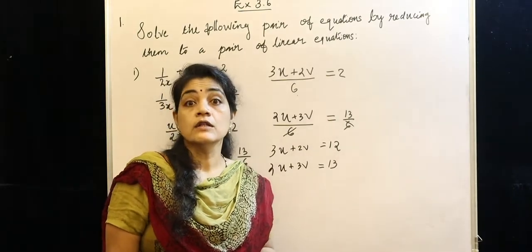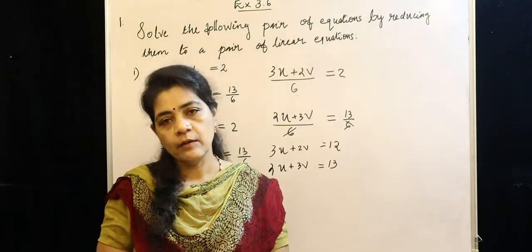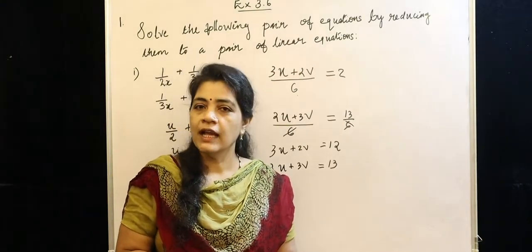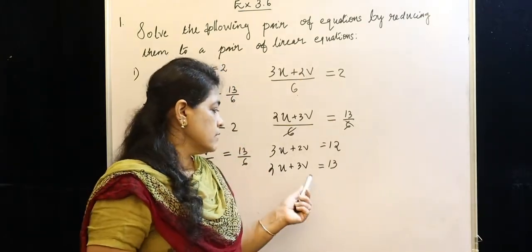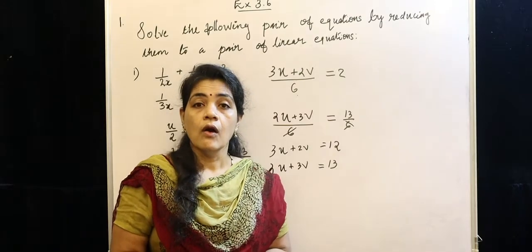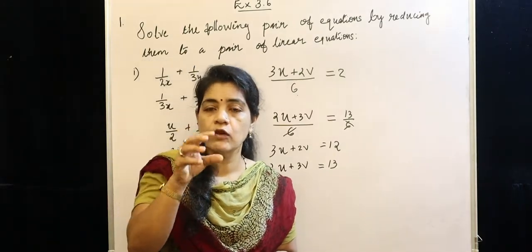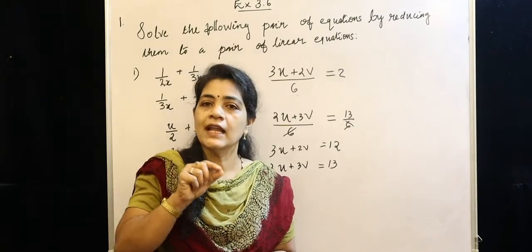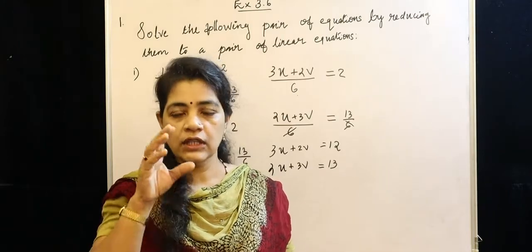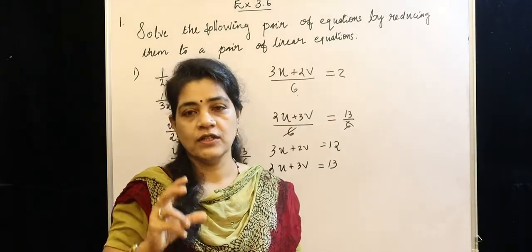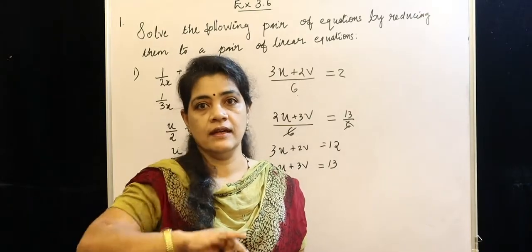So now we can solve using any one of the methods, either the substitution method or the elimination method. But the elimination method would be better. In elimination also, there are different types you can solve by. But here our aim is elimination, which means you have to eliminate one of the variables. We can eliminate one of the variables only when both have the same coefficient: the same variable with the same coefficient and different sign.